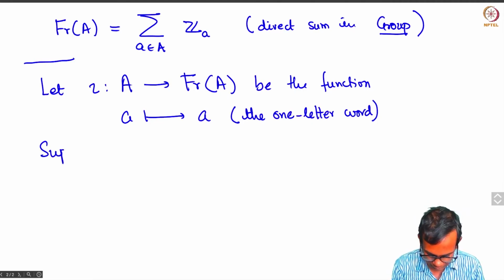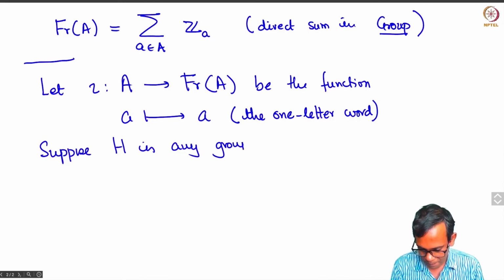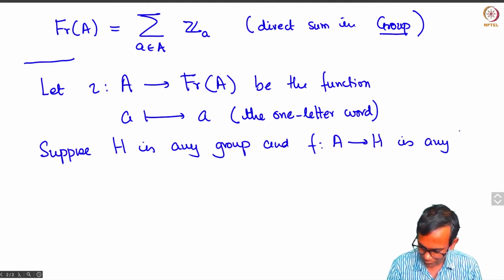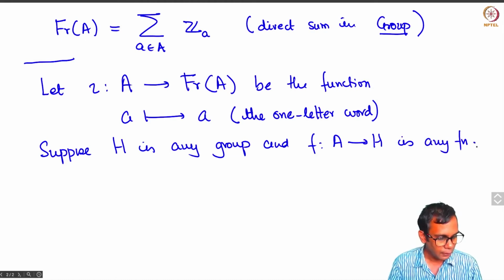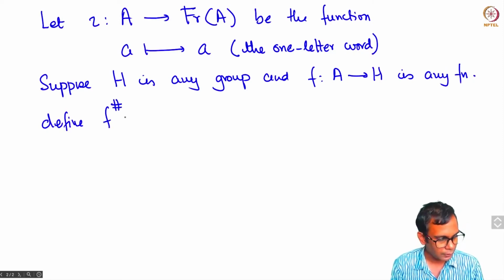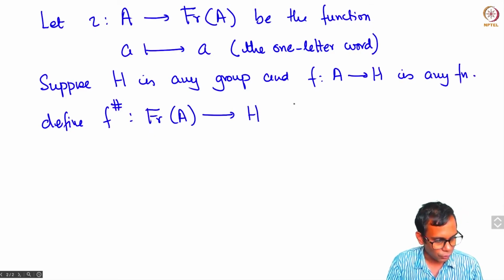Now suppose H is any group and f from A to H is any function, then we can define f hash from the free group generated by A to H as follows.